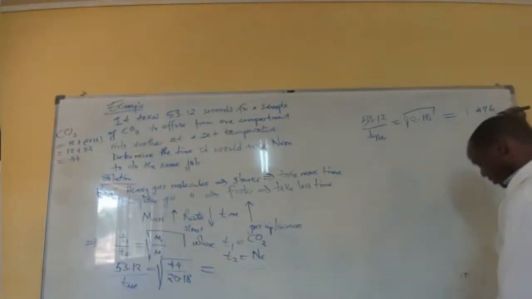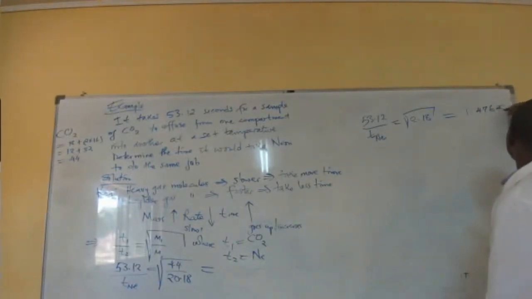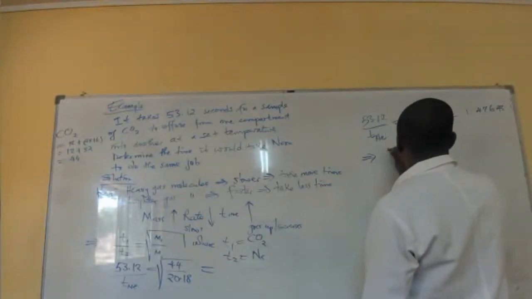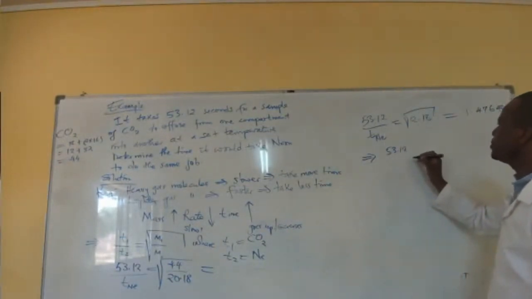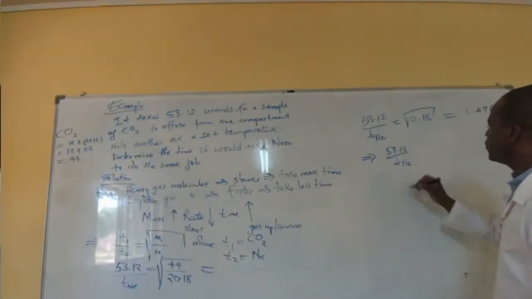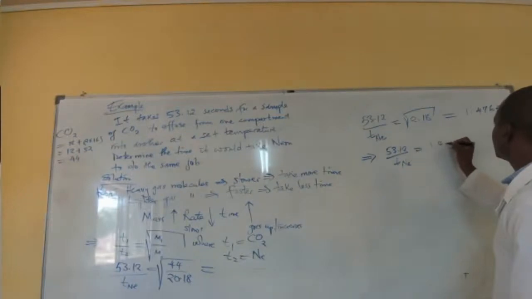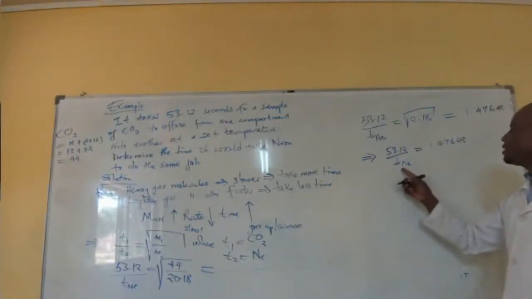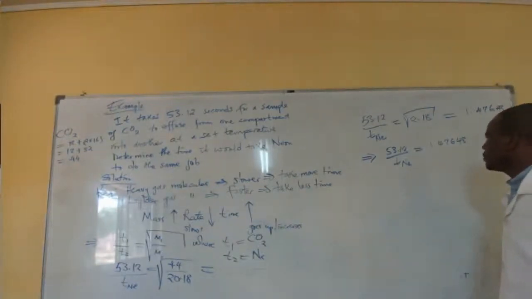So 53.12 over T of neon is equal to 1.47648. Make T neon the subject of the formula.